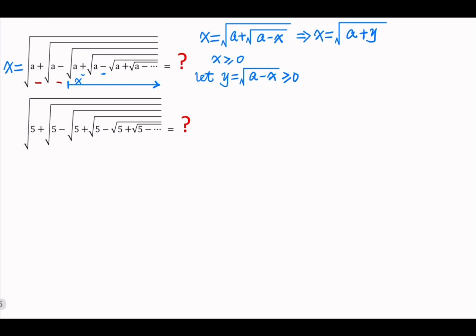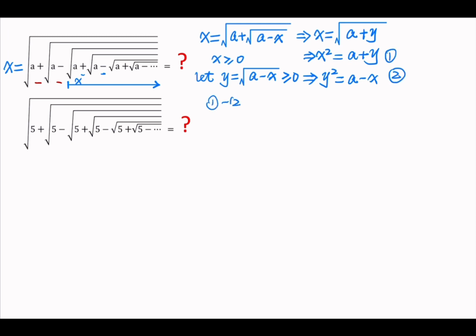And then this equation here, if we square both sides, we get x squared equals a plus y. And similarly for this equation, if we square both sides, we get y squared equals a minus x. If this is equation 1, this is equation 2.